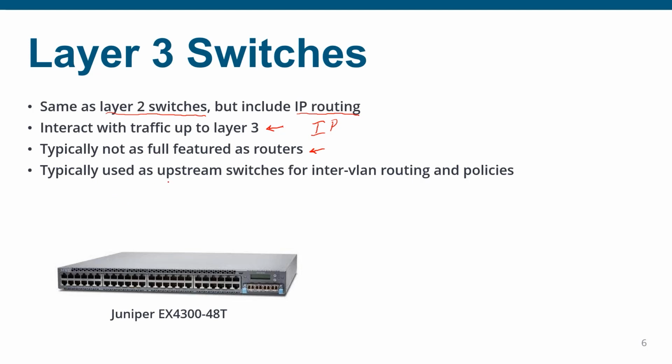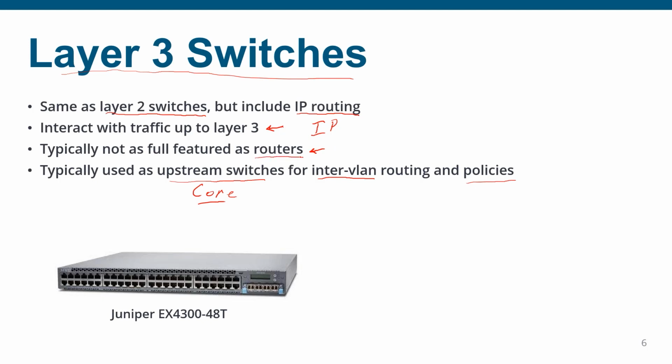Usually these switches are used as upstream switches or core switches for inter-VLAN routing and policies. If I have multiple broadcast domains within my network and I need to route between them, I could use my core switch, which would be a layer 3 switch, to route between those broadcast domains and also implement some basic filtering policies between them. As I mentioned, they're just not as full-featured as our routers.